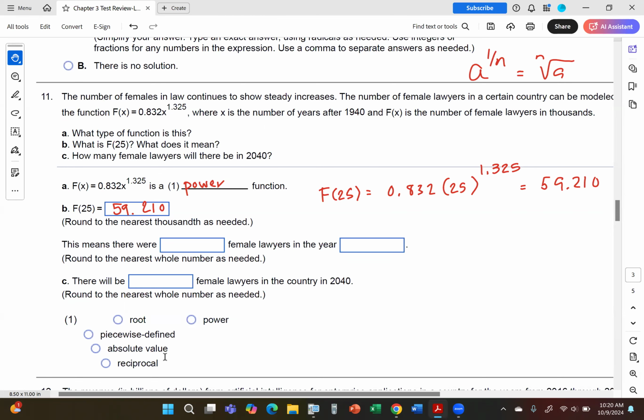Okay, so part C. How many female lawyers will there be in 2040?